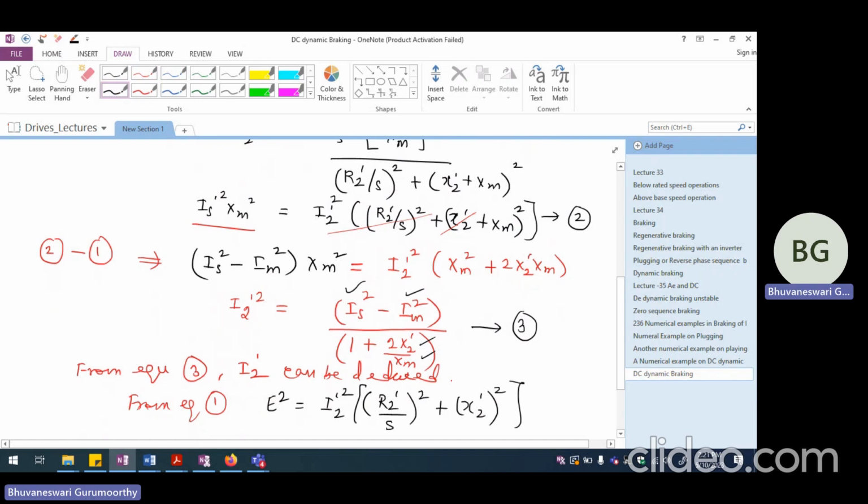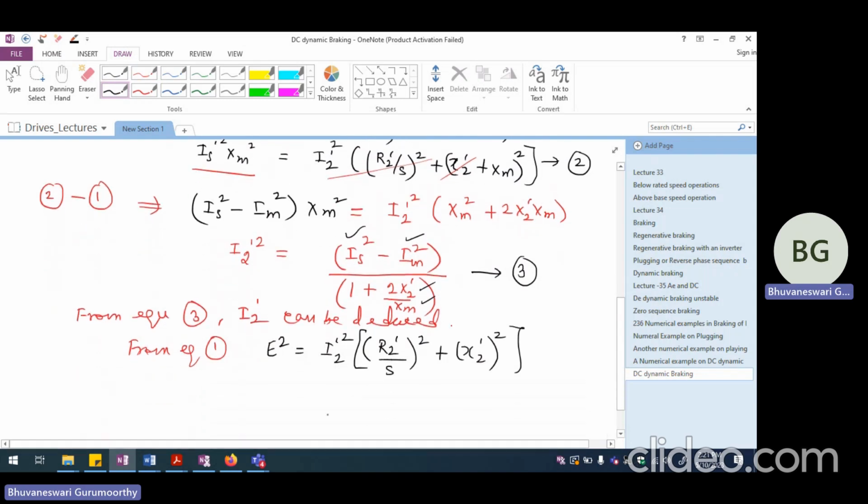This is equation number 1. So from which I can say E square minus I2 dash square X2 dash square, right? That will be equal to I2 dash square multiplied by R2 dash divided by S.